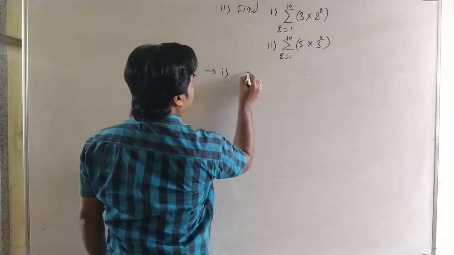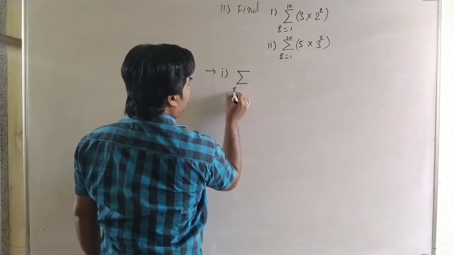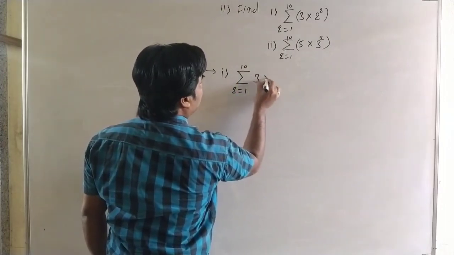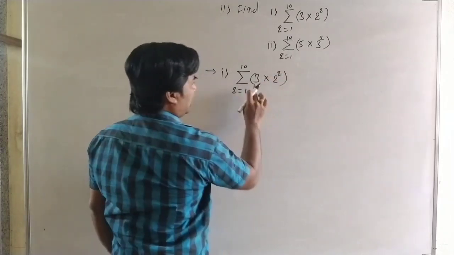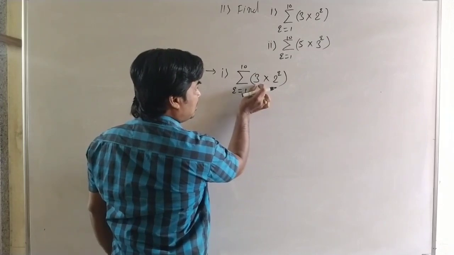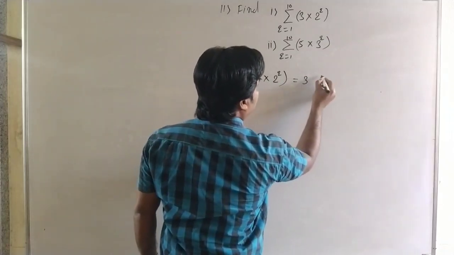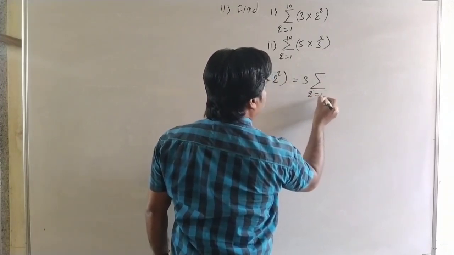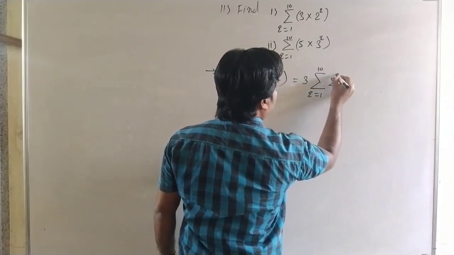Here in the first example, it is given, sum of r equal to 1 to 10 of 3 into 2 to the power r. See carefully this, we can take this 3 constant outside the summation: 3 into sum of r equal to 1 to 10 of 2 to the power r.